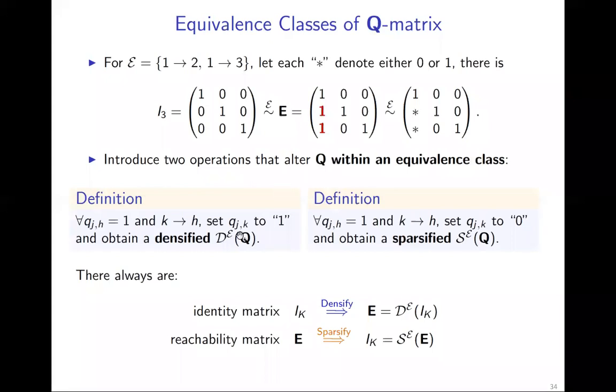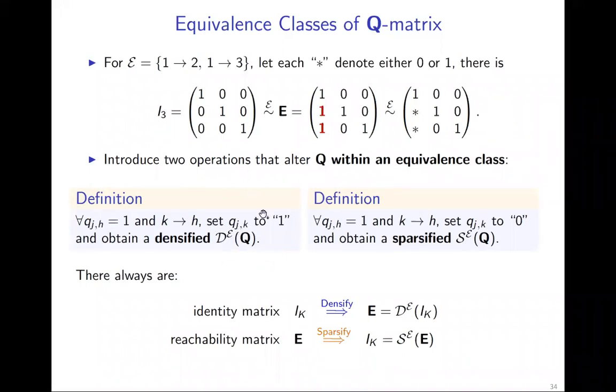Then based on this relation, we introduce the following 2 useful operations on Q matrix that will be useful in our identifiability theory. So the first operation is a densifying operation. It says that for any Q_JH equal to 1 and K is a prerequisite for H, we will set the Q_JK also to 1.